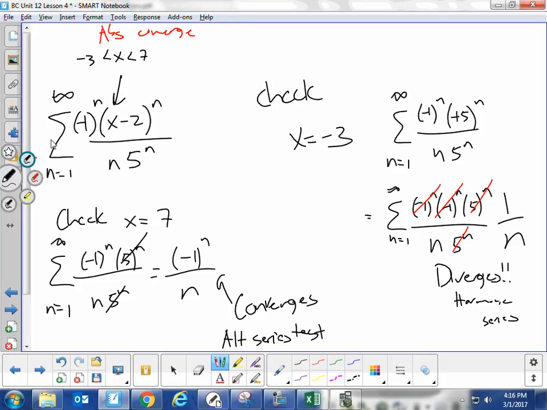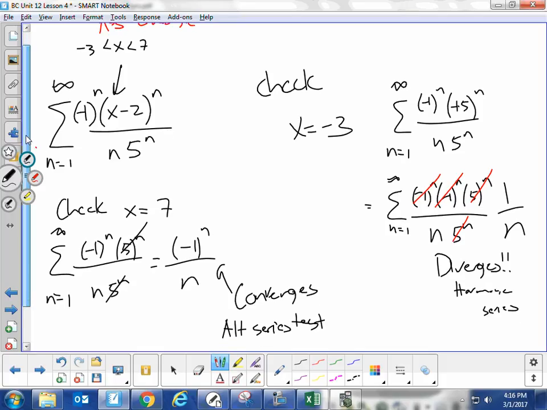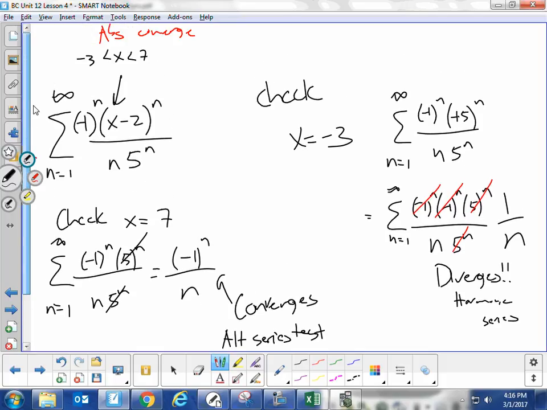Which means if we want to talk about just overall convergence of this, yes, we absolutely converge between 3 and 7, but we would say we just overall converge, including 7, but not including -3.